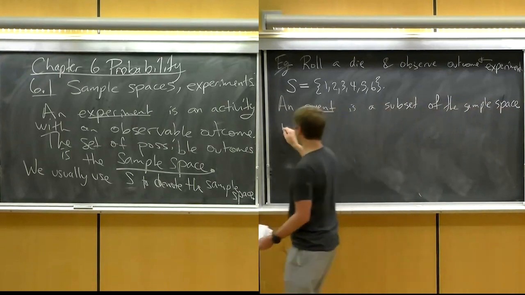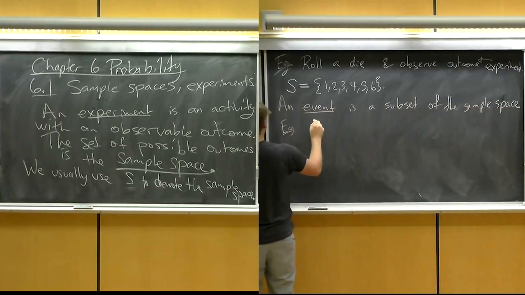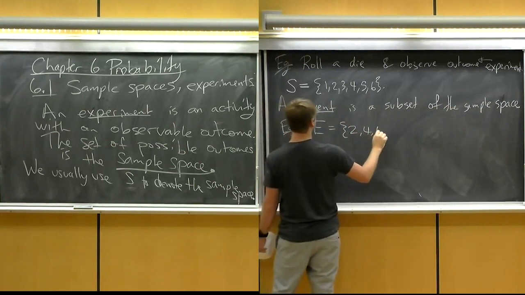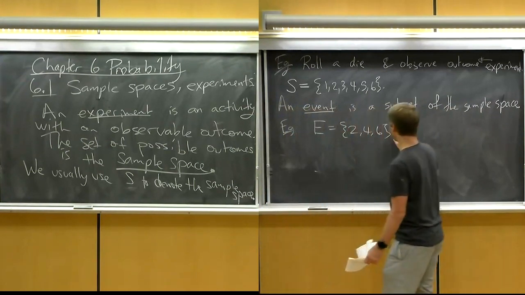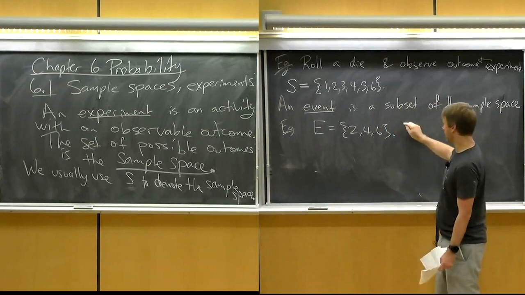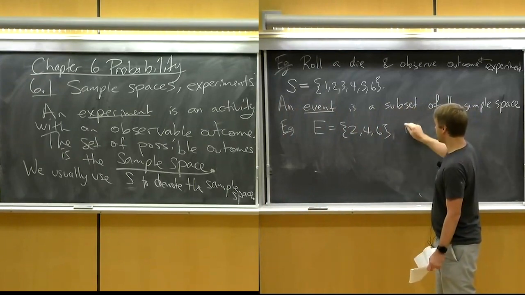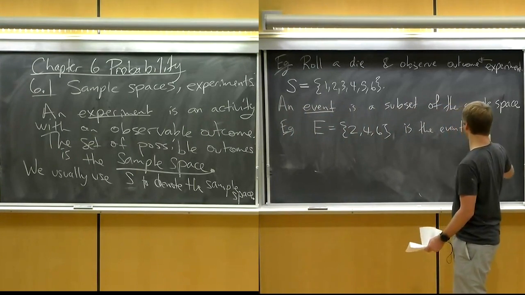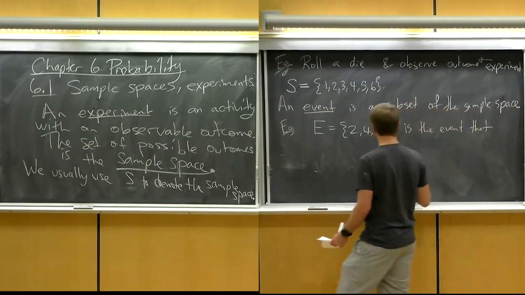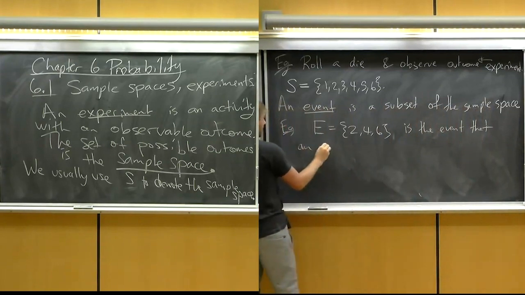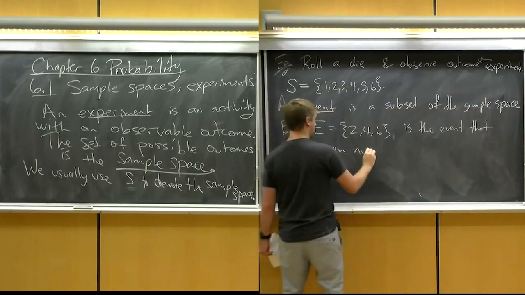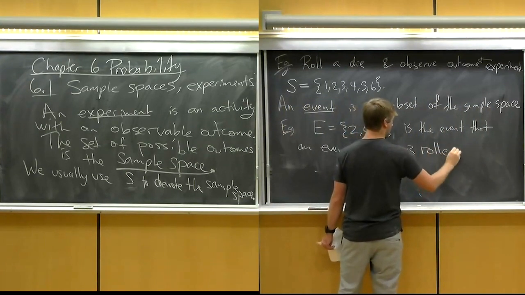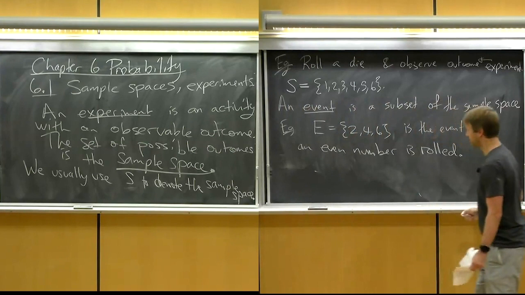So for example, if I take E to be the set 2, 4, 6, this is the event that an even number is rolled.